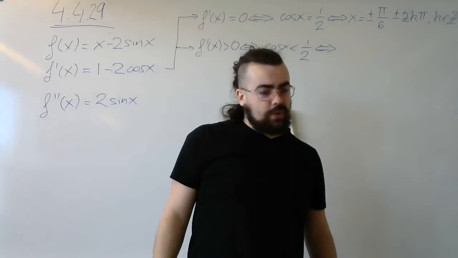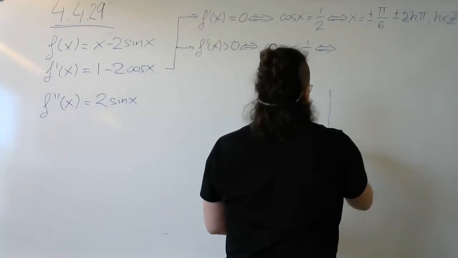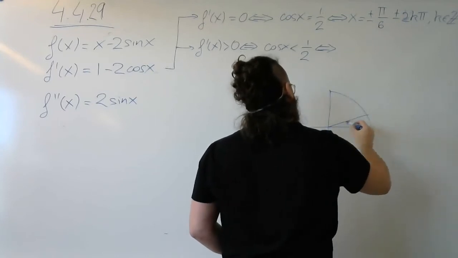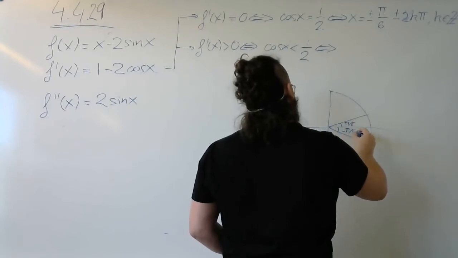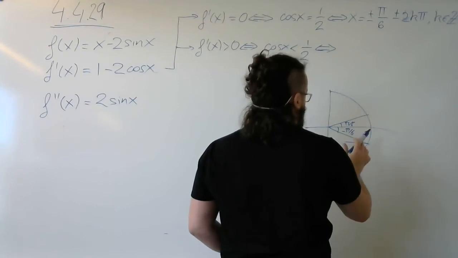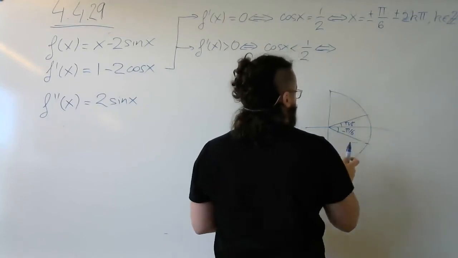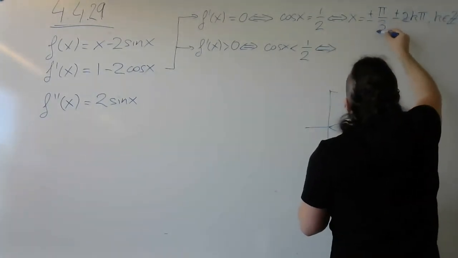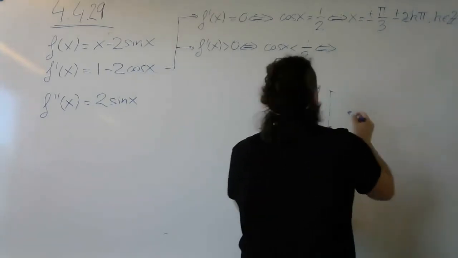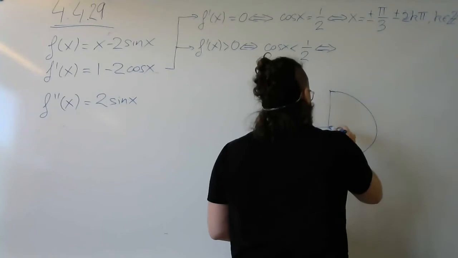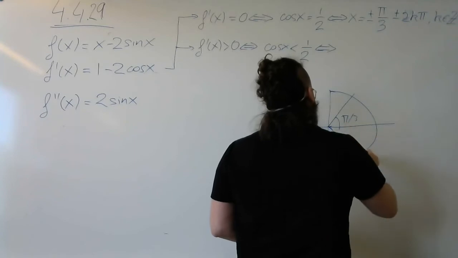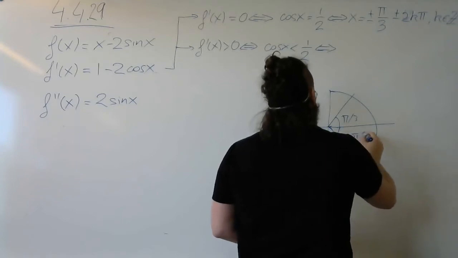Now, what I mean with this, if you go to the goniometric circle, sorry, you have this angle pi over 6, and you have minus pi over 6, and this is, yeah, sorry. My mistake. You have this angle pi thirds, and you have this other angle, which is minus pi thirds.